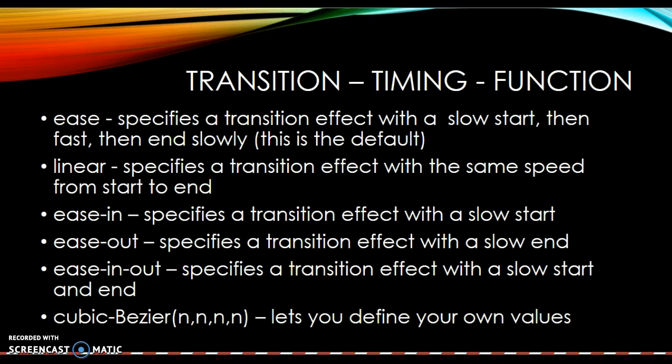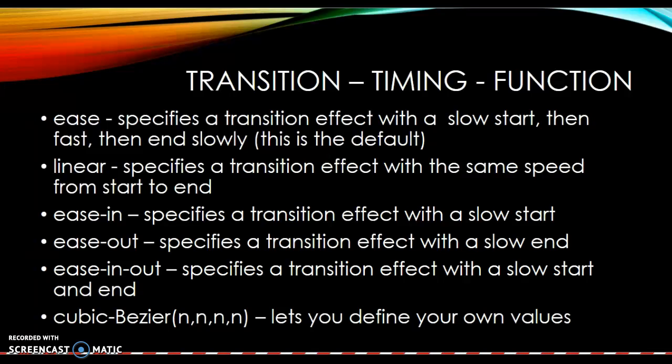Another option you can use in a transition is the timing function. The transition timing function property specifies the speed curve of the transition effect. The transition timing function property can have the following values: ease, which specifies a transition effect with a slow start, then it goes fast, and then it ends slowly. This is the default.